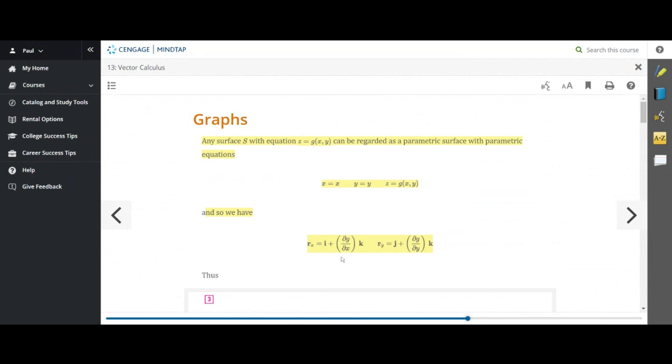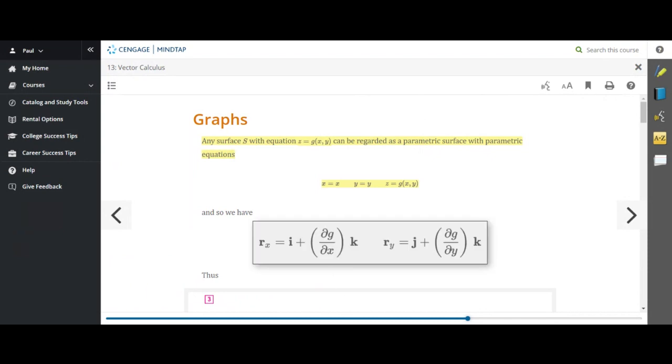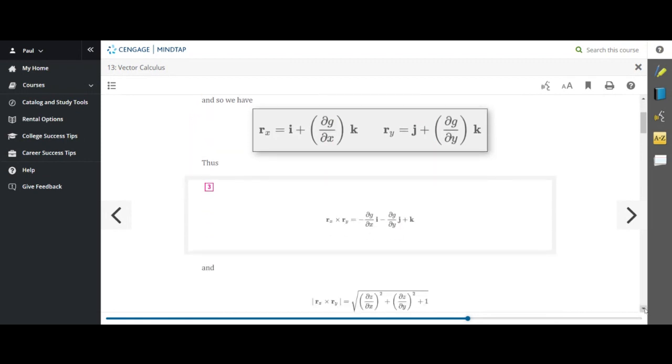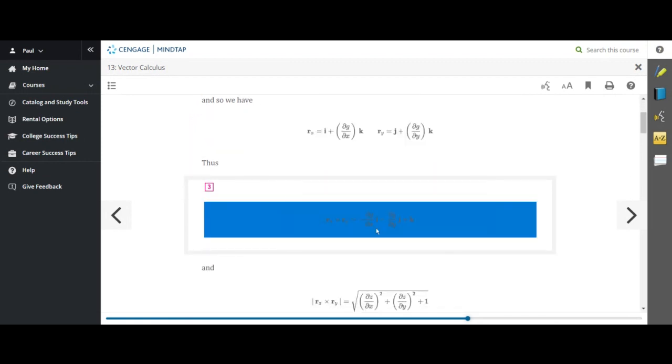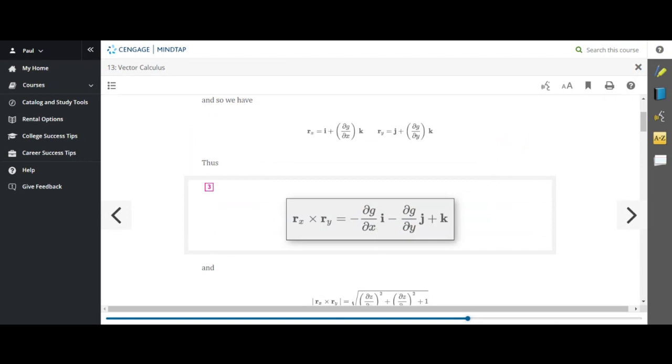It will equal those vectors there. And if we take the cross product of those vectors, you will get this vector here. Negative partial. Remember, z is a function of x and y. That function is g.